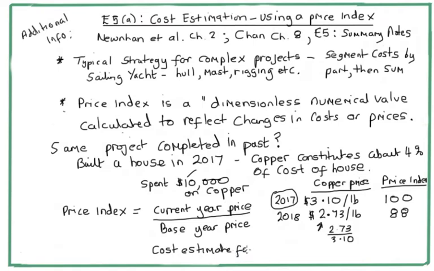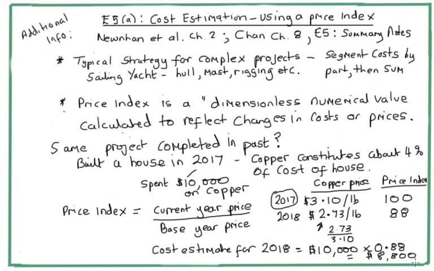To find a cost estimate for copper for 2018, just for this one component of the price of a house, what we do is multiply the price that we paid for copper in 2017, which was $10,000, by the price index in decimal form, and that is going to be $8,800.